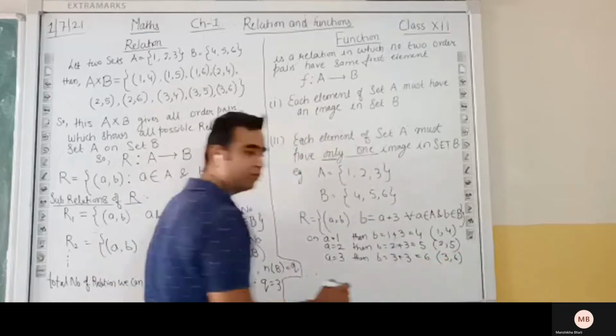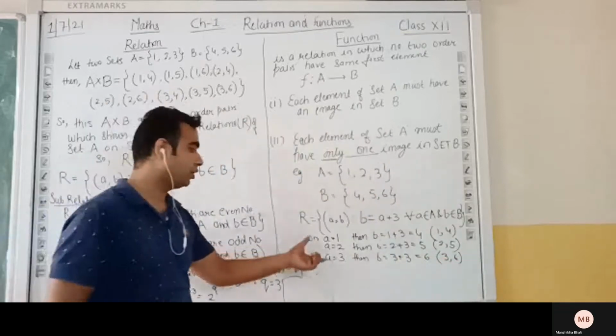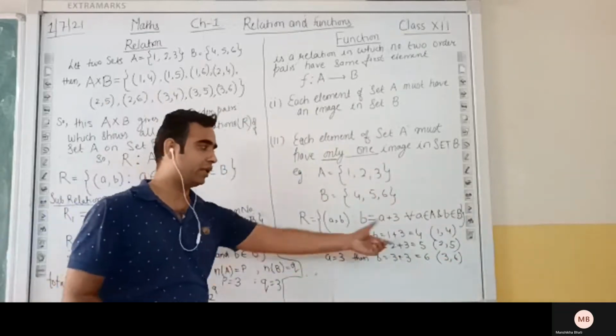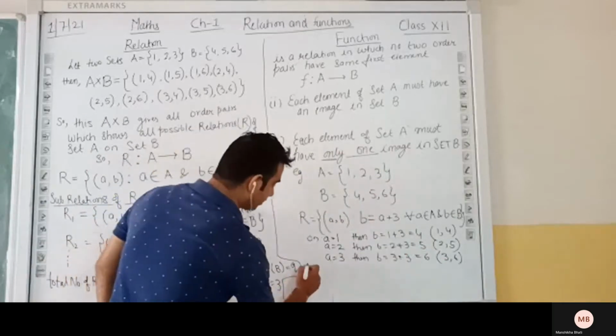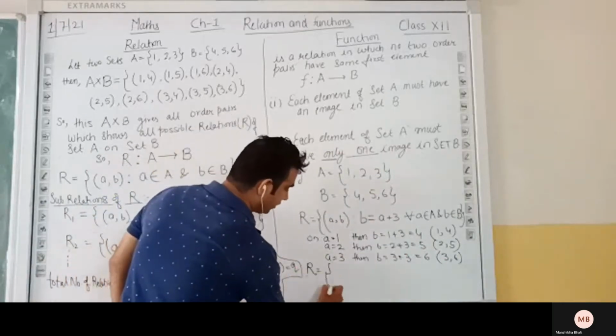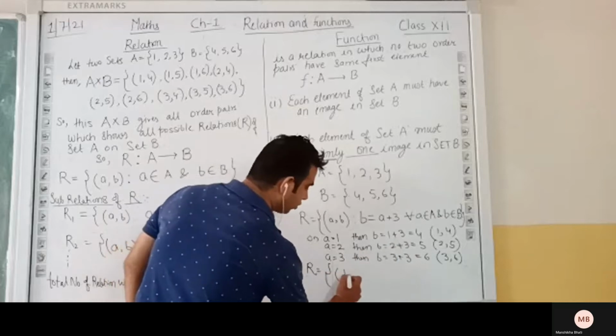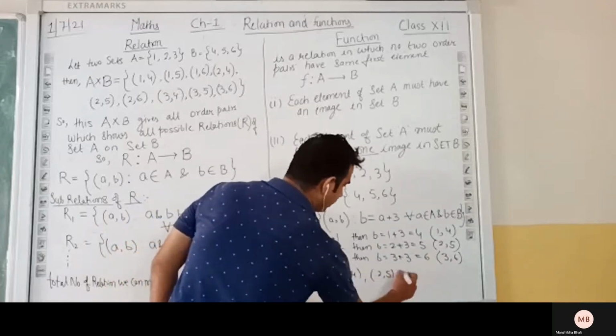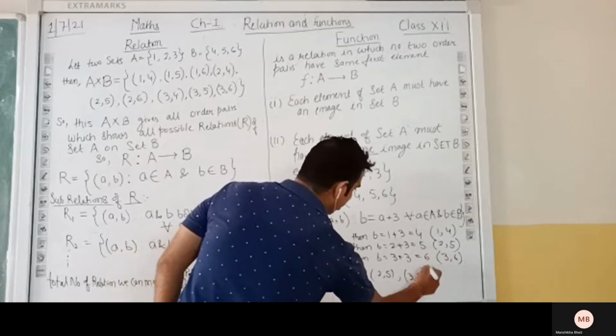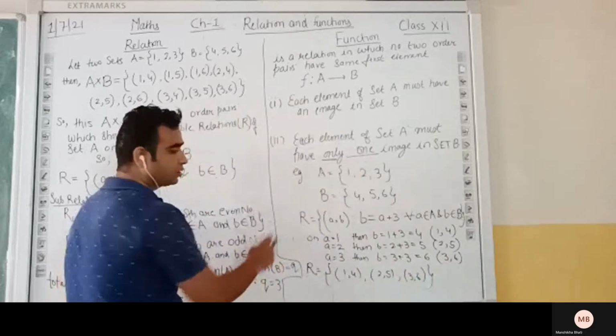Clear everyone? Okay. So now we have made the relation: 1 comma 4, 2 comma 5, 3 comma 6. If we write this relation R, it is a relation having the order pairs 1 comma 4, 2 comma 5, then 3 comma 6. Okay. So all these relations we get from this relation.